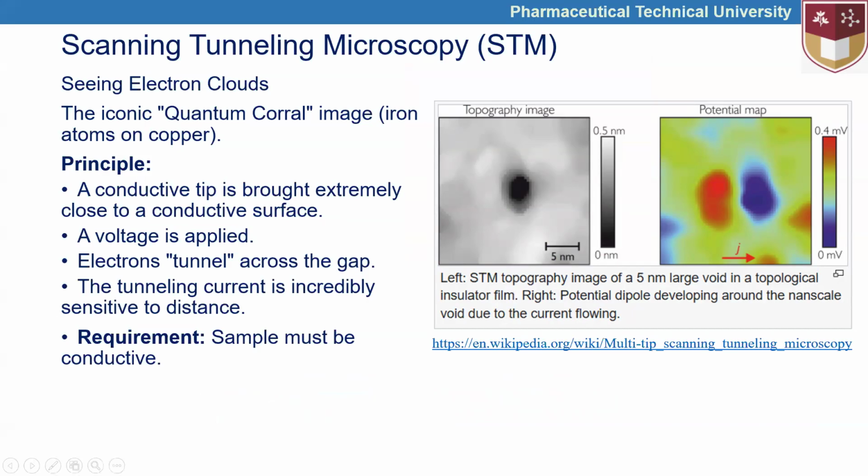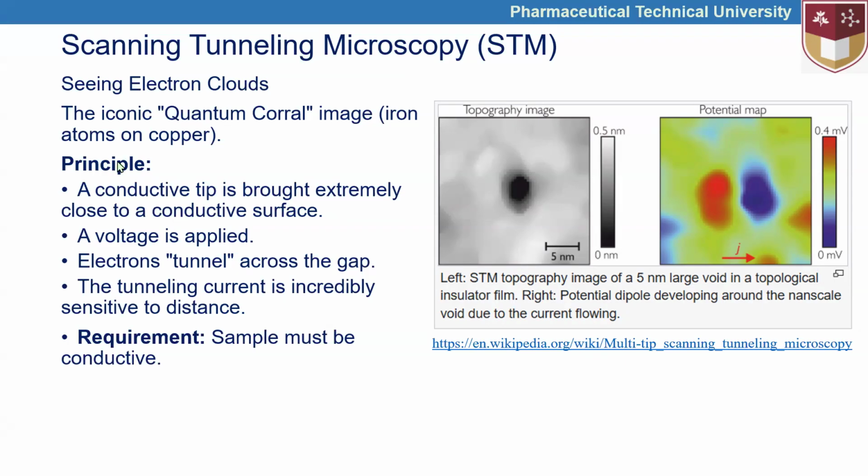Okay, next, another type of microscopy. This is scanning tunneling microscopy. It is used to see the electron clouds, the iconic quantum coral image.